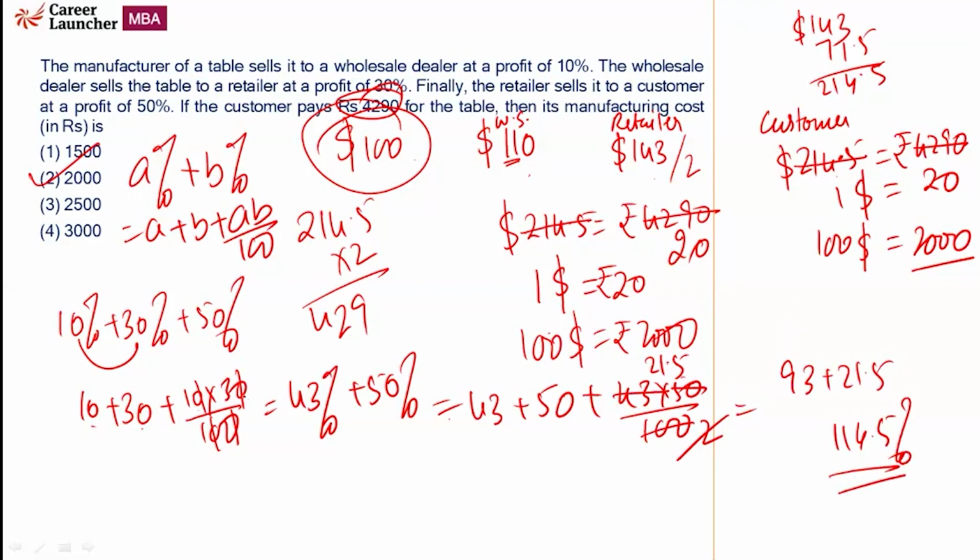If something grows by 114.5%, what does the value become? 100 rupees increased by 114 rupees 50 paise, so what has it become? 214.5. So the value becomes $214.5, which again equals 4290. Do the same thing after that to get the answer.